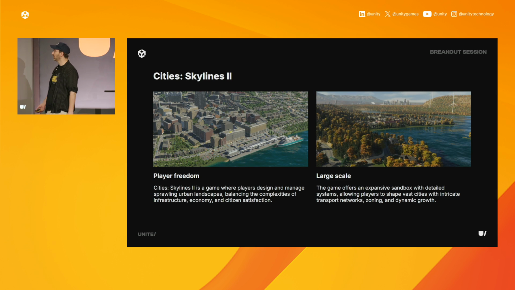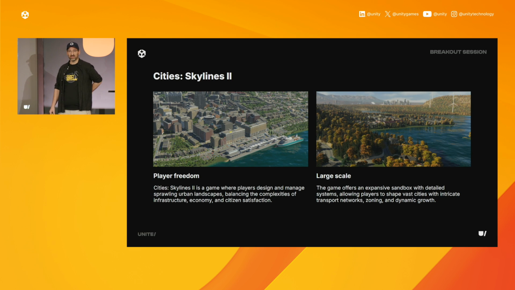In the first game, Skylines 1, we used dedicated threads to make the simulation work, and with a heavy use of non-managed structures, we eventually got the performance to a pretty good place, and the game shipped and has been quite successful.